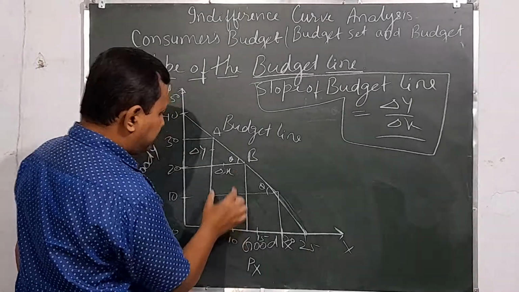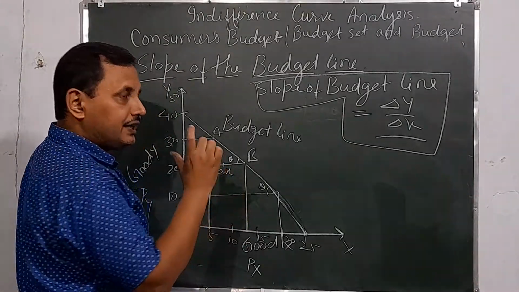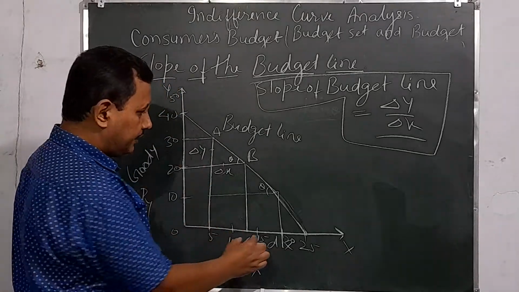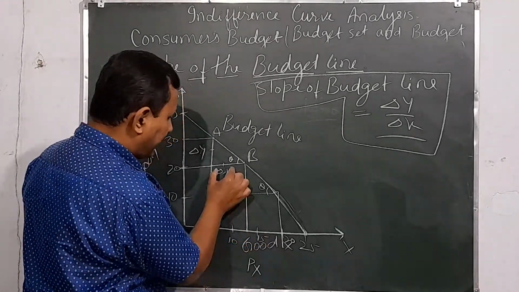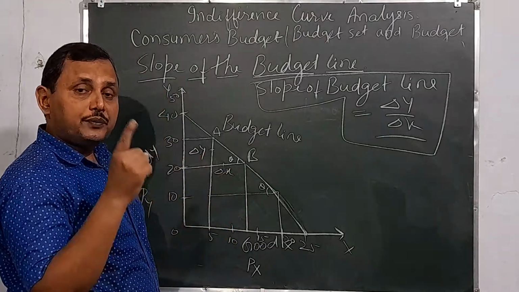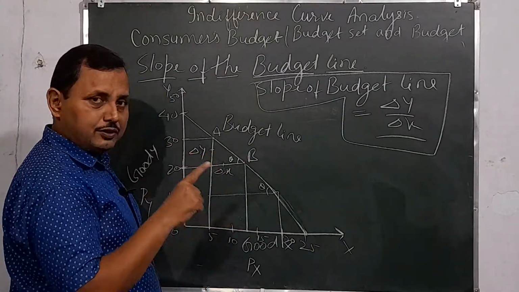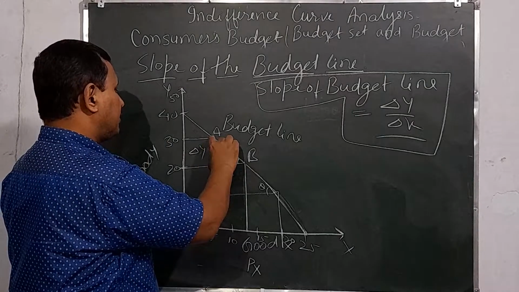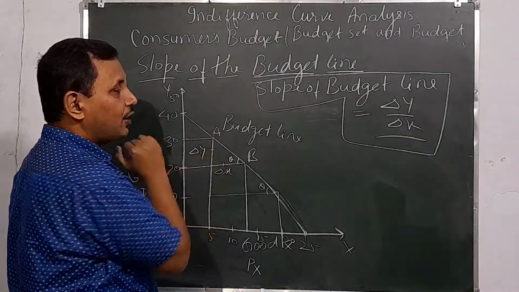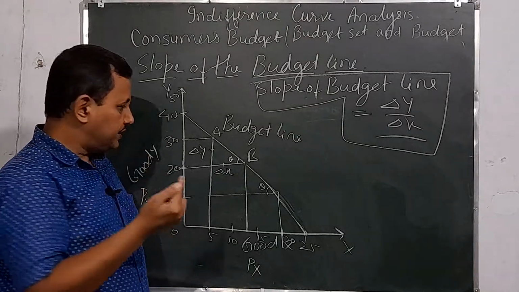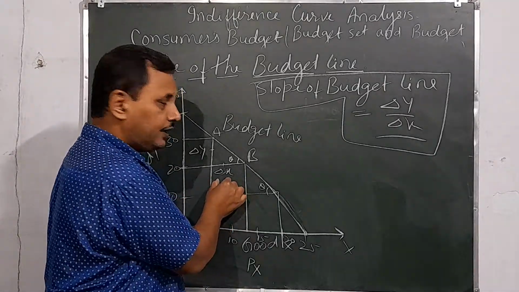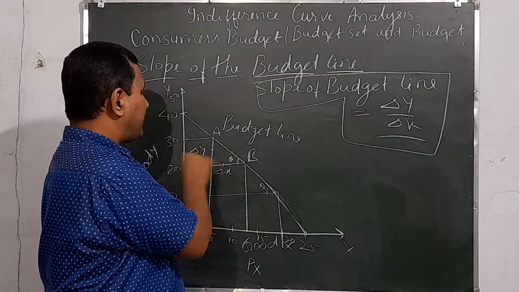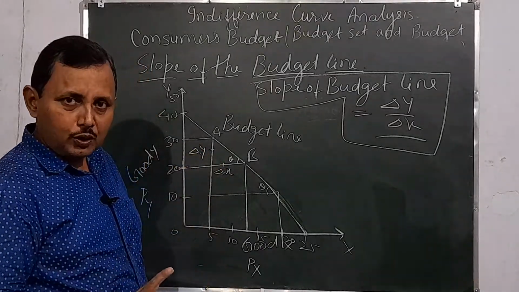If the consumer is increasing consumption of good X by delta X units, and he has to keep his budget constant, with no change in budget, then he has to reduce the consumption of good Y by delta Y.